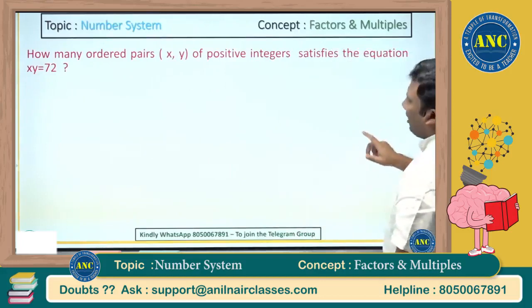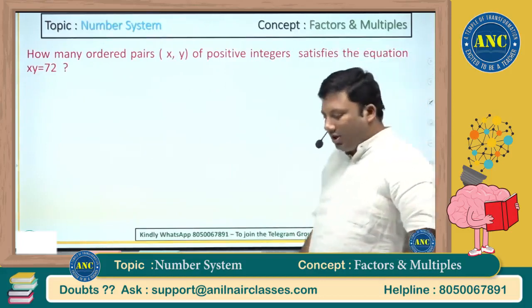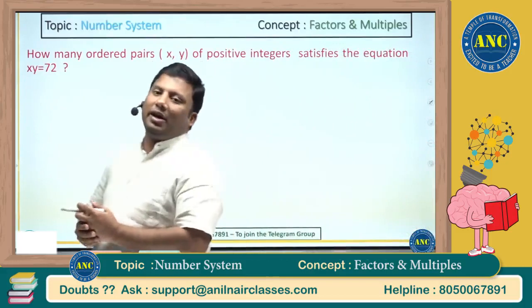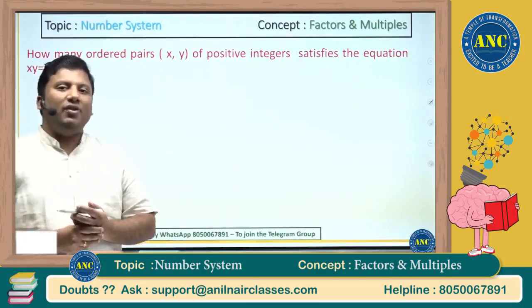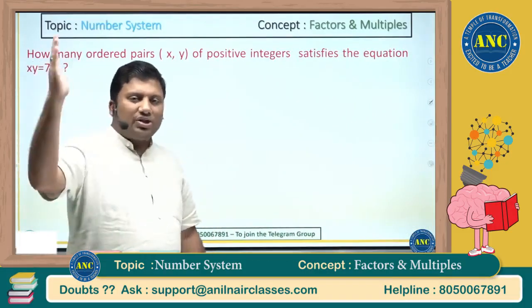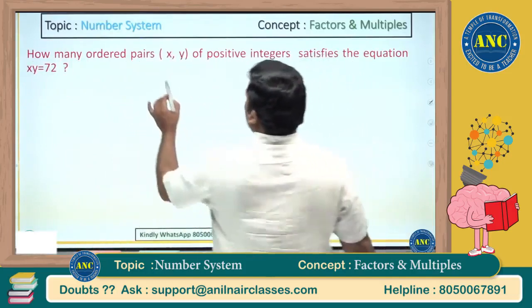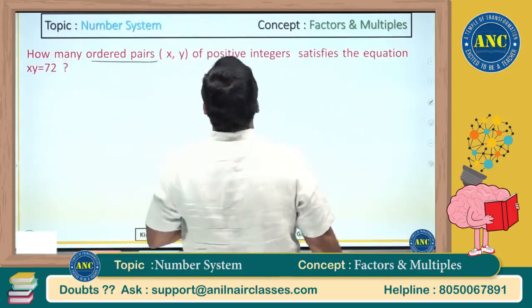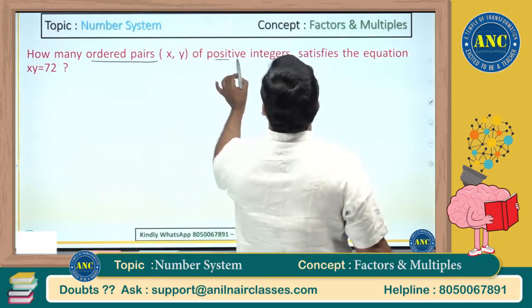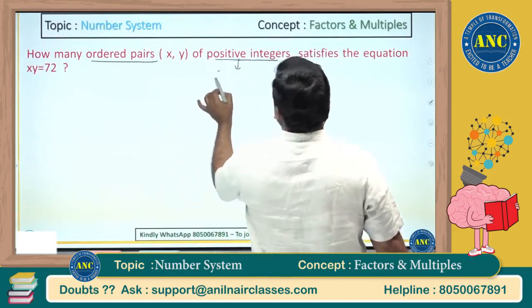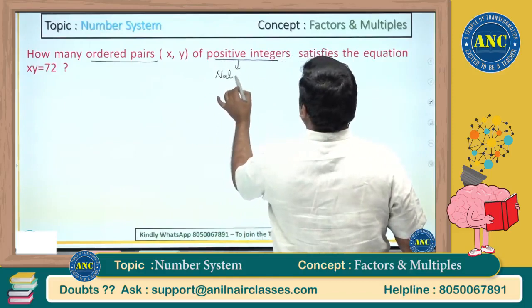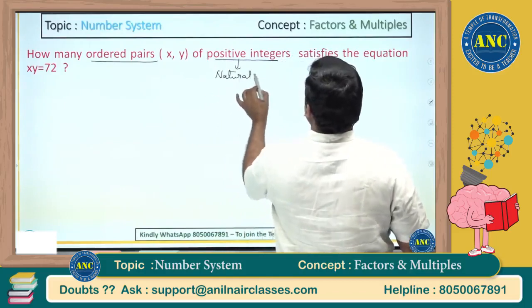Now, another variety. Each and every class of mine is extremely well structured, from the foundation to the examination model. How many ordered pairs? It is clearly mentioned that it is an ordered pair of positive integers. Integers which are positive are called natural numbers.